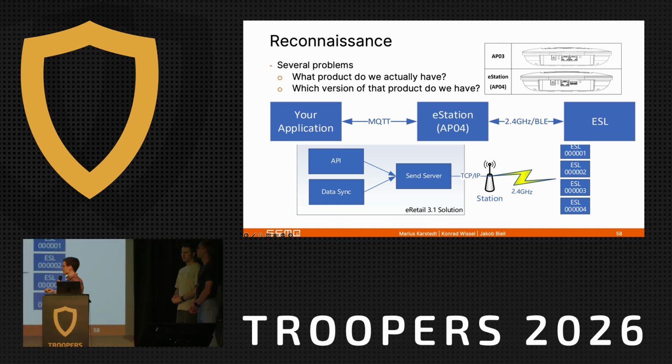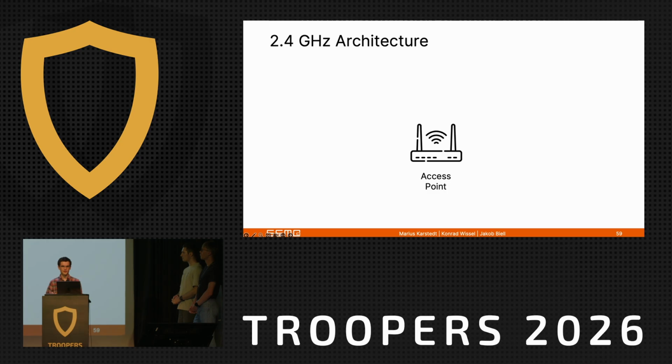It says BLE, so we are probably dealing with some modification of Bluetooth Low Energy for this 2.4 gigahertz access point. The thing is, we have looked at other Bluetooth tags before, but in this case, the architecture is quite different. And also the use case differs.